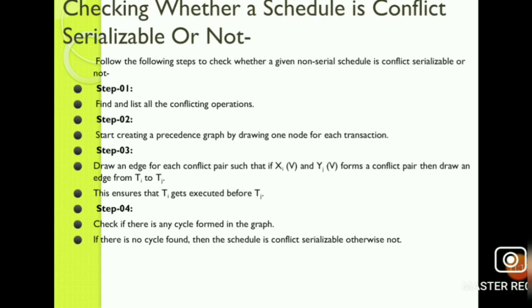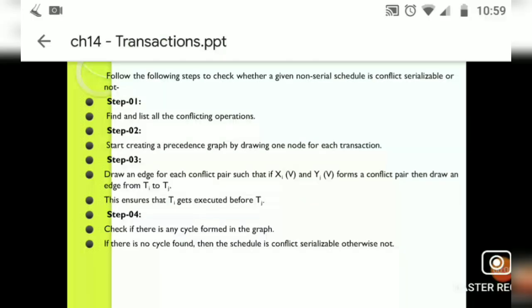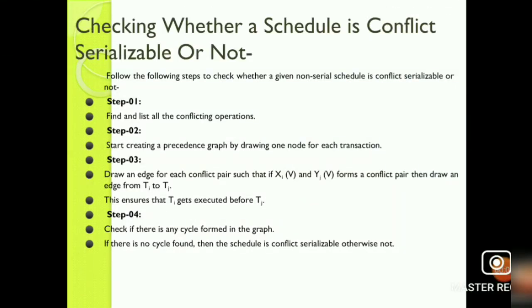The next one is checking whether a schedule is conflict serializable or not. This kind of problem can be asked in a Part C question. A schedule may be given, and we have to apply four steps to check whether the schedule is conflict serializable or not. First, we have to list out all the conflicting operations.